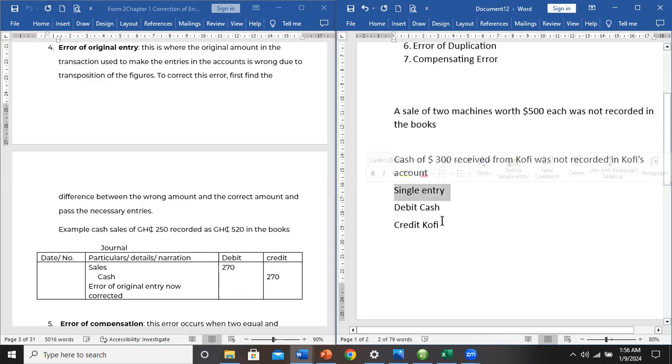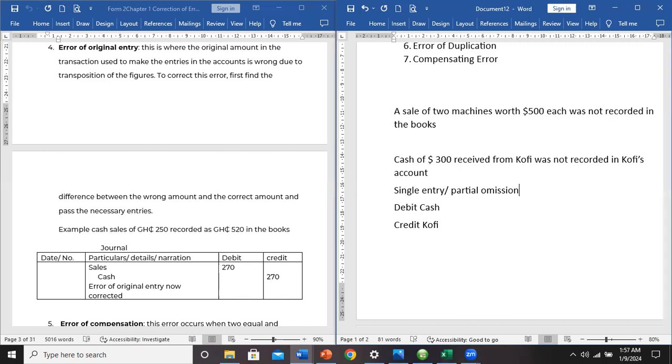He did the debit and didn't do the credit. Now, single entry is sometimes referred to as partial omission. So it's an omission error, but it's a partial one, because the omission was done in only one account.